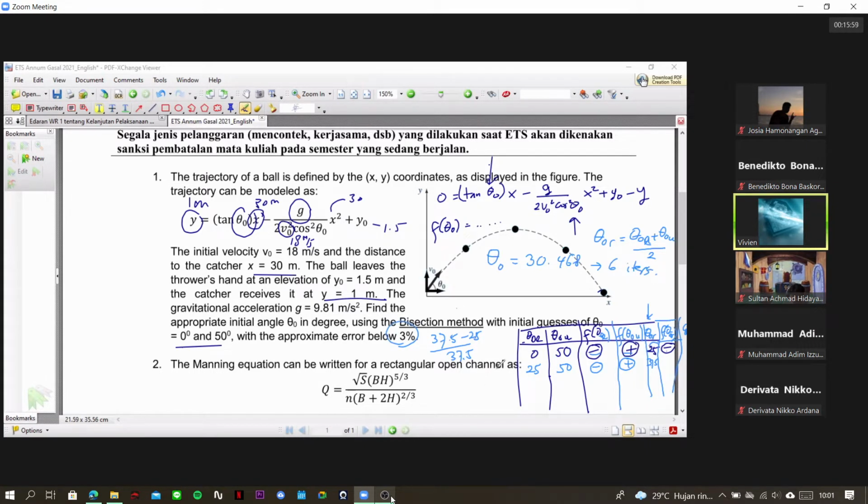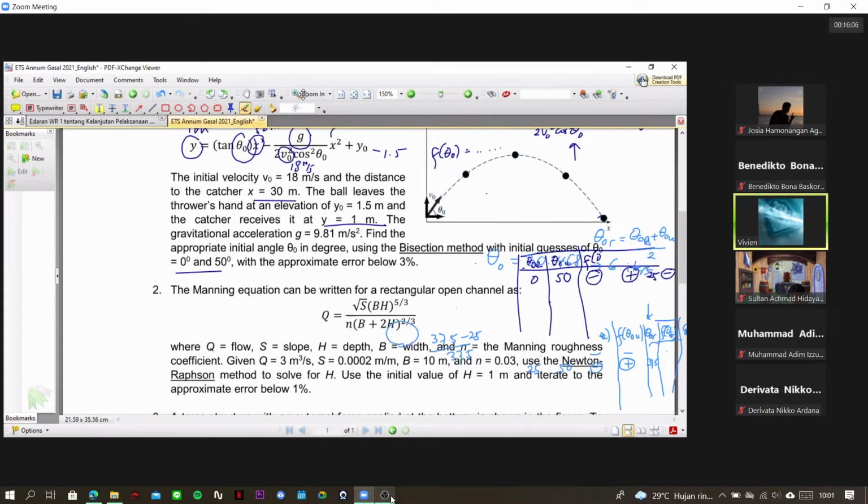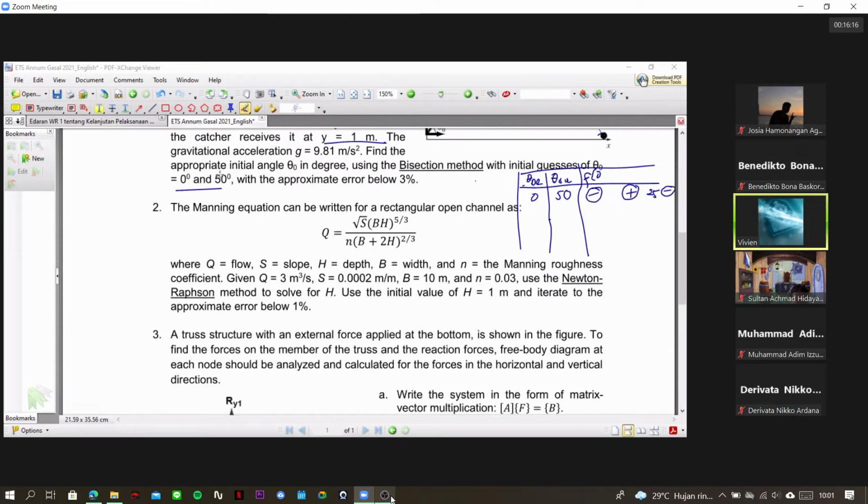Okay. And now I will erase that. Now we will continue to the second question, which is finding the root as well. Now we have a different equation here. Now this is using the Newton-Raphson method.